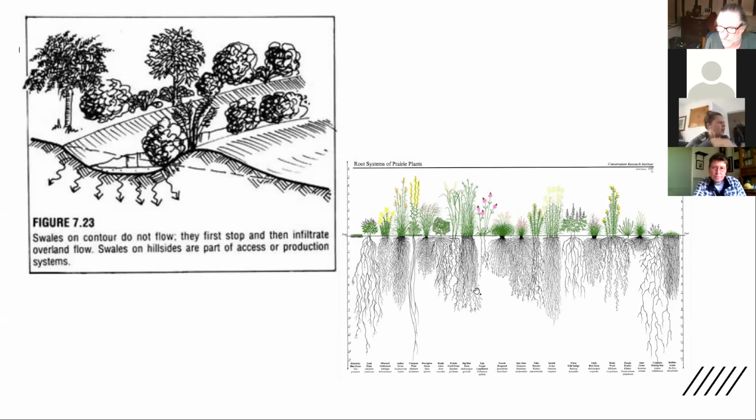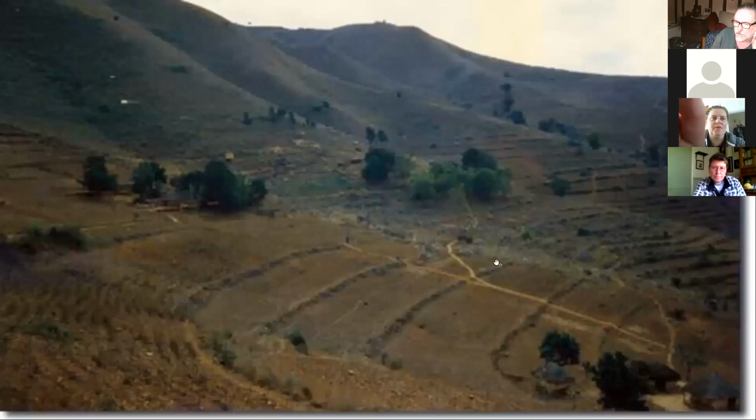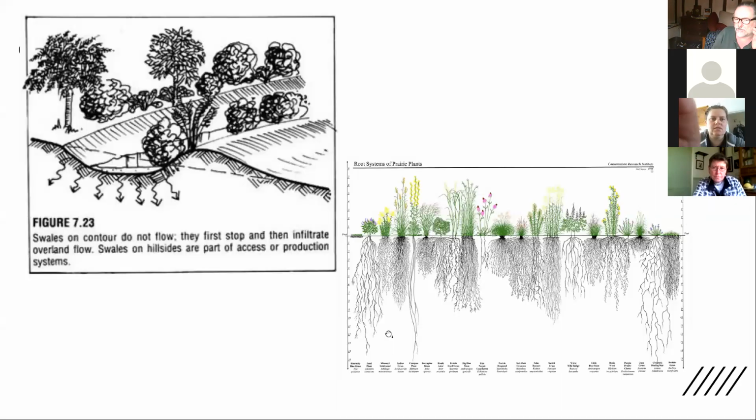Some grasses even have roots that go 20 feet down into the ground. Massive, huge root systems. What if we could use some of those to stabilize these lines? Because those root systems are also going to prevent water from flowing off the system, from sheeting off the surface. And obviously they're going to reduce erosion.